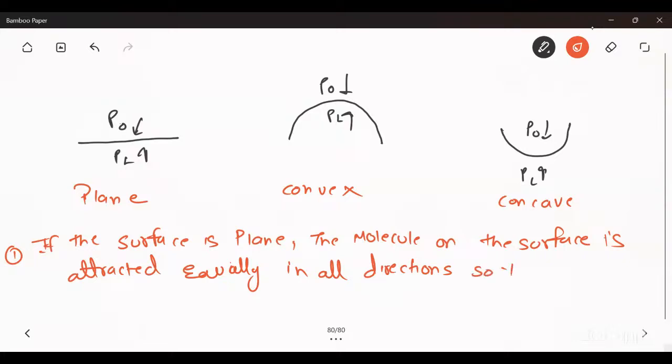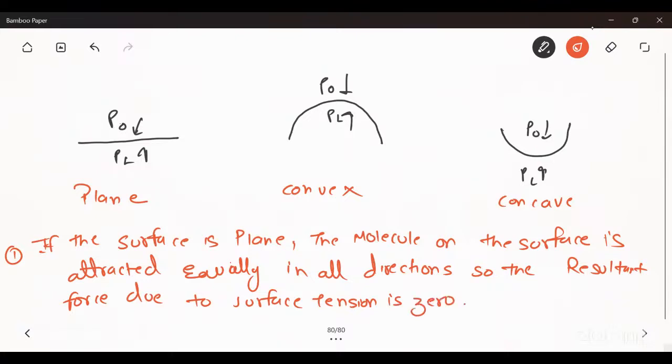So the resultant force due to surface tension is zero. The pressure on both sides will be the same.